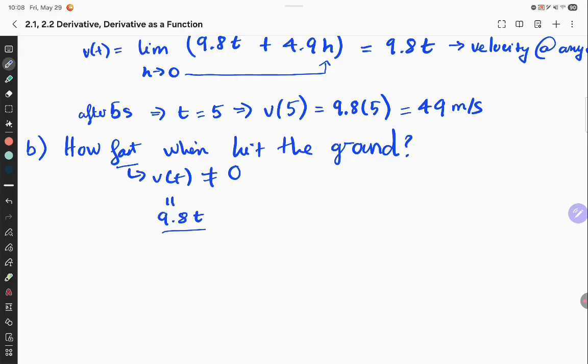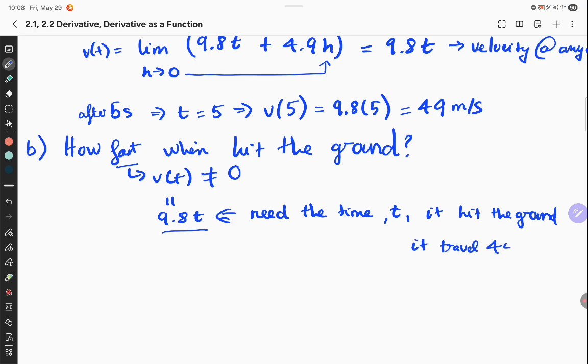In order to solve for the velocity, you need the time t it hit the ground. In other words, that is also the same time you travel 450 meters.